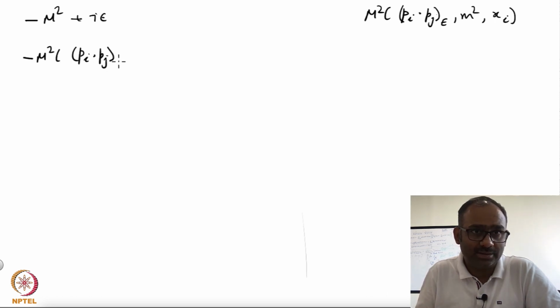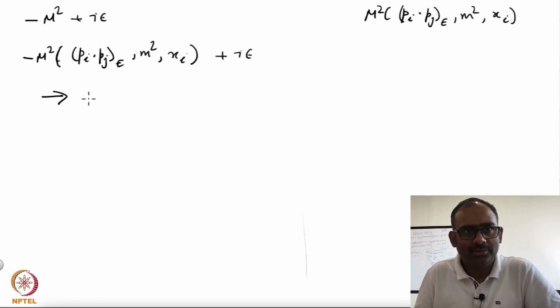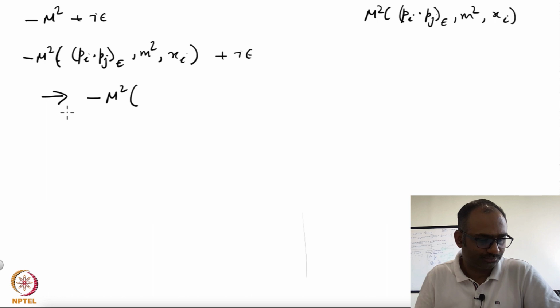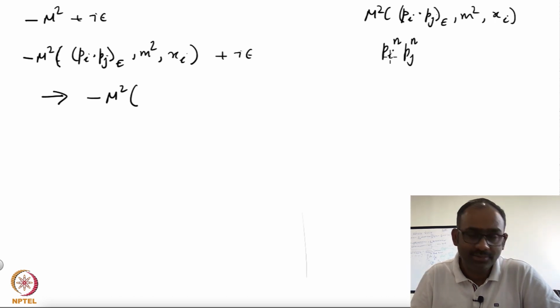M square depends on these objects, plus i epsilon, that will go to what? It will go to minus m square. So, p_i dot p_j will be p_i n p_j n, this is still Euclidean, okay. So, I will put Euclidean here, these are the nth components, and then the other components.